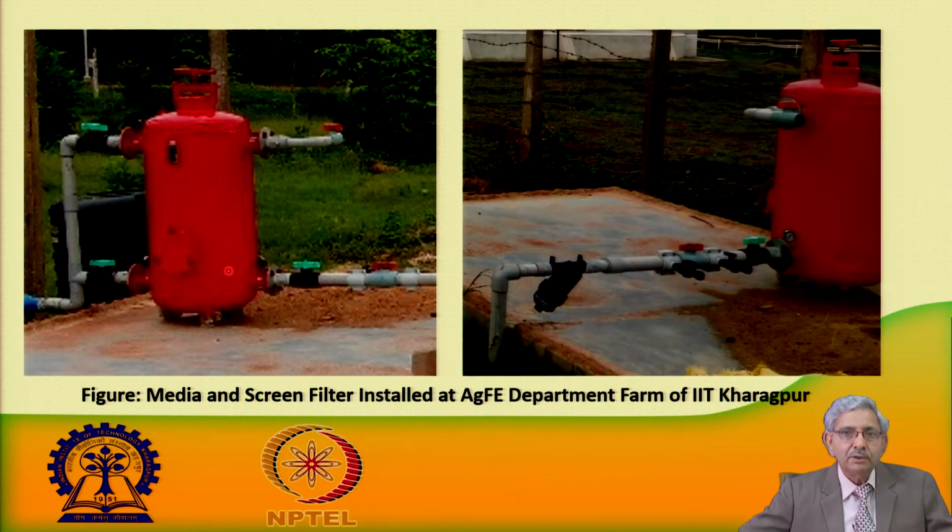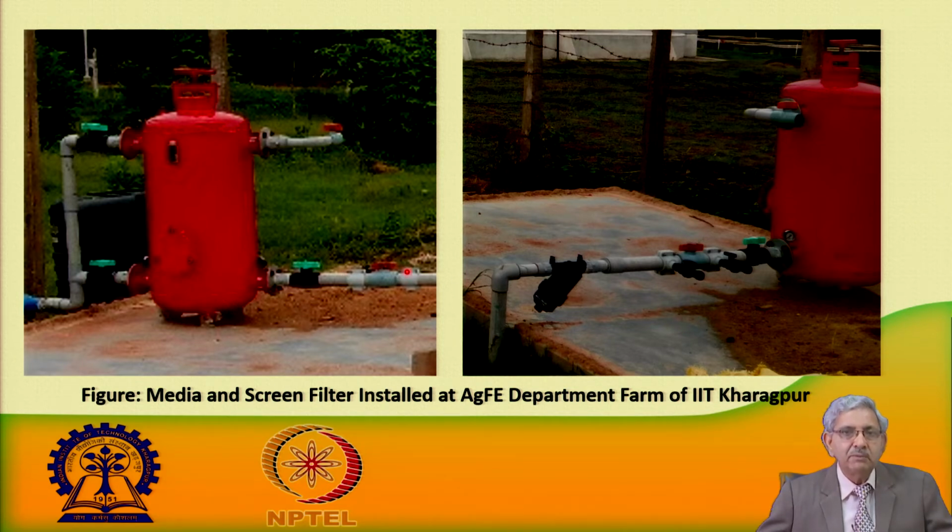Now, you can see here the water is brought from the pump, this is the inlet end, and the water is brought from the inlet end, from the pump to this unit, and then this water will pass through the bed media and then go to the main pipeline.